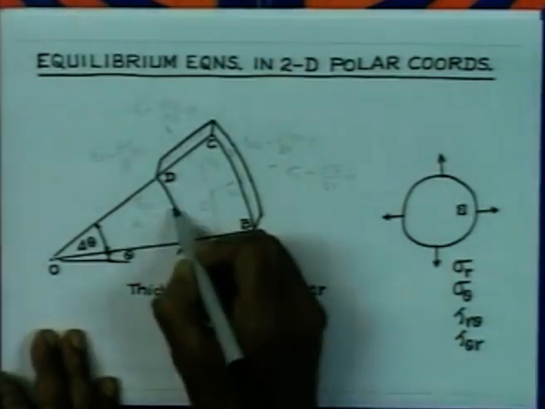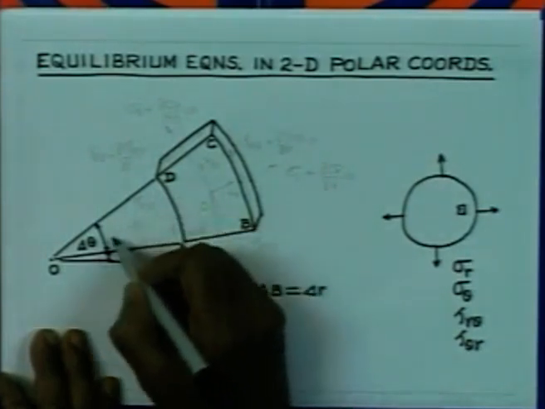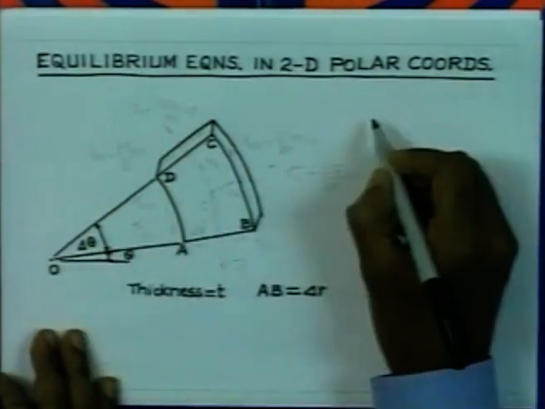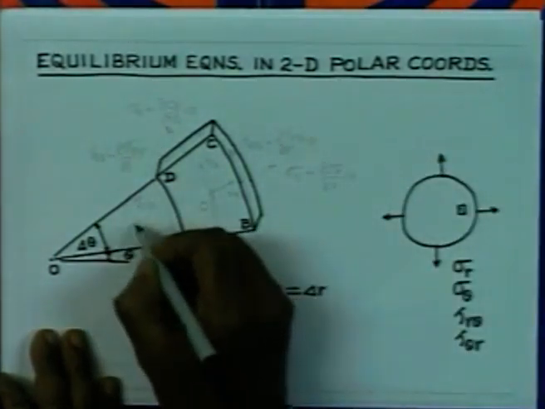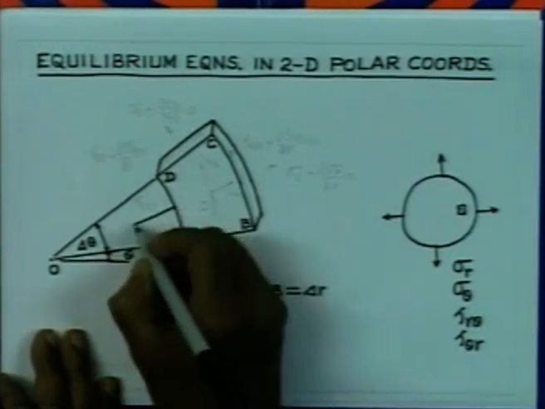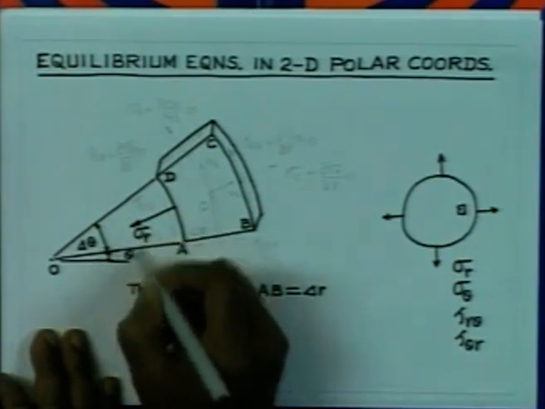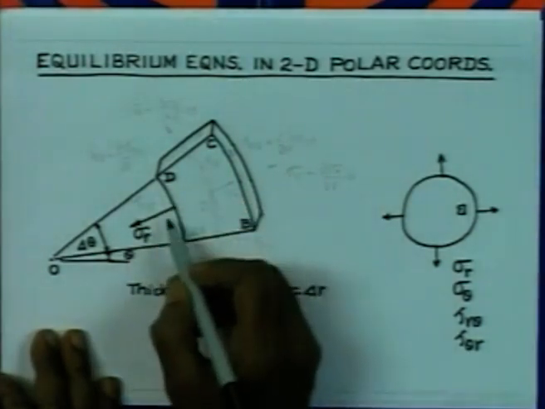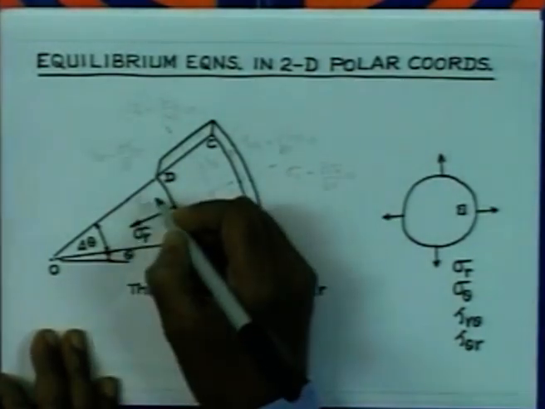The face AD, its outer normal is directed in the minus r direction, because r is increasing in this direction, that is the positive r direction. So, the outer normal is here, it is the minus r direction. Therefore, the normal stress which is going to be positive is like this, that is sigma r, and the shear stress on this face will be represented as tau r theta.